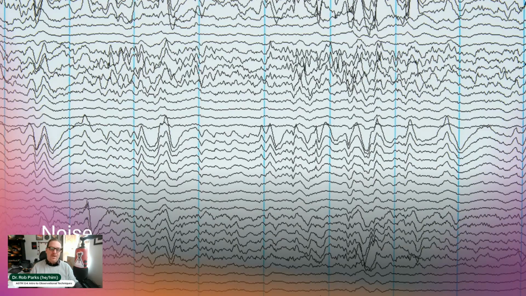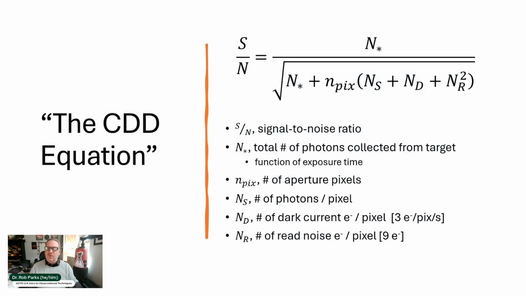Finally, let's talk about noise. This is the ye old CCD equation. This will be the last thing I talk about. This equation talks about signal to noise. As the ratio implies, that is the amount of signal that you get from a target object divided by the amount of noise that you get from that same object due to various effects from the camera, from the sky, and actually from the star itself.